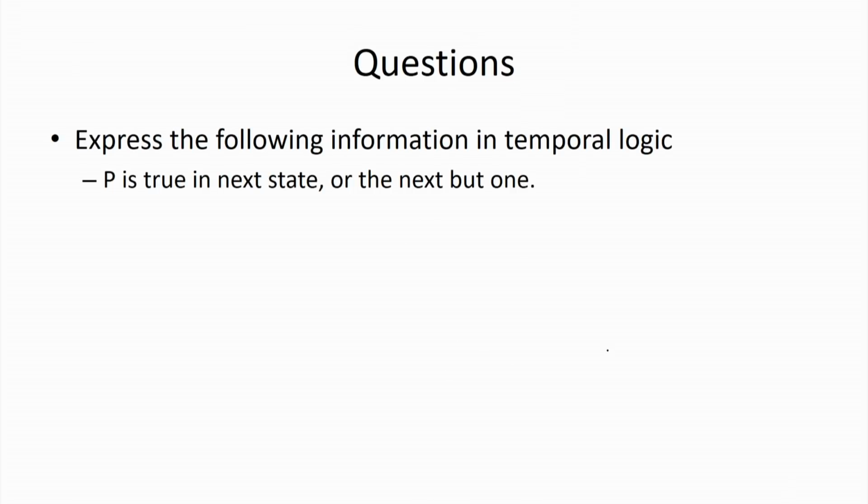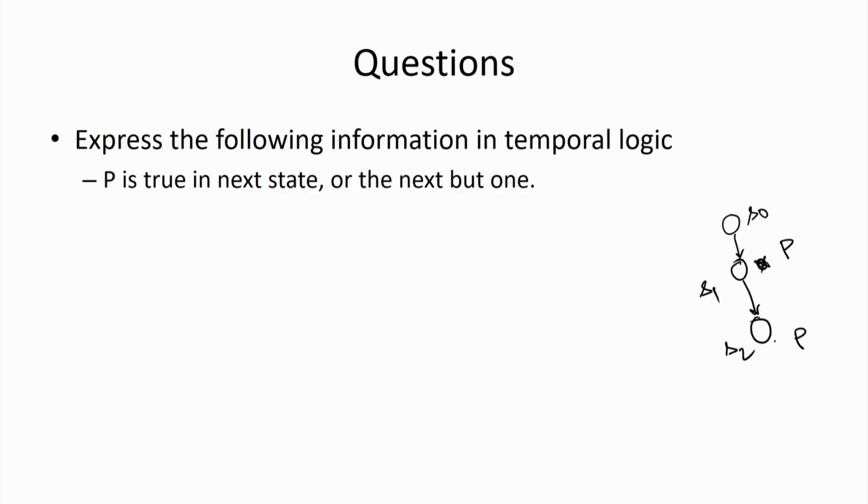Now, another question I am giving: express the following information in temporal logic. P is true in the next state or the next but one. That means either P is true in S1 or P is true in S2, starting from S0.